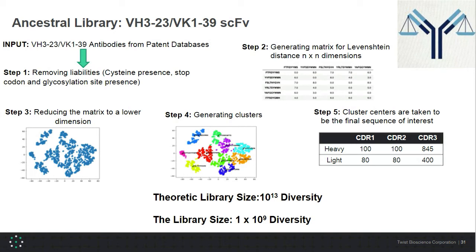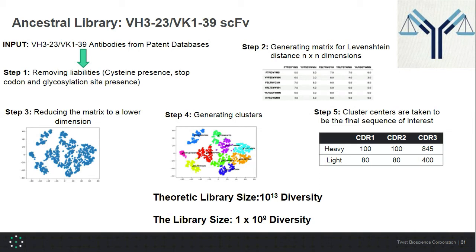We take those sequences, remove all the liabilities, and then we did a whole series of bioinformatic analyses to look at how similar they were to one another. We reduced the complexity by looking at clusters of sequences based on Levenshtein distances from one another, and were able to reduce the number of CDR sequences to a lower dimension of complexity.